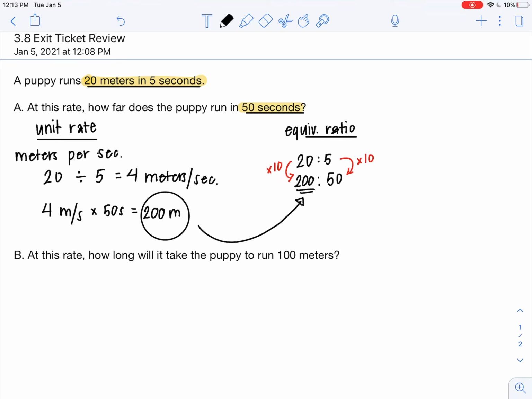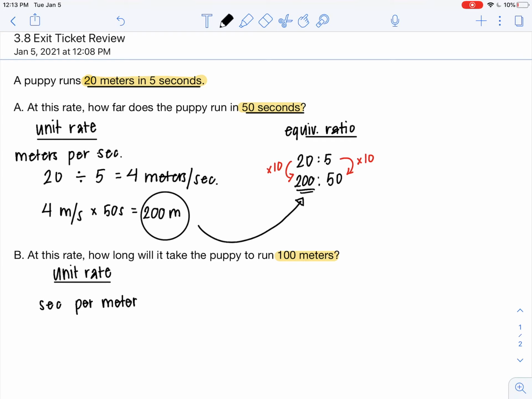Now, I'm going to do this in a very similar way for part B. It says, at this rate, how long will it take the puppy to run 100 meters? Now, I can use the unit rate strategy again, but this time I'm trying to figure out how long it will take the puppy to run 100 meters, which means I'm interested in how long it takes per meter, because I want to know how many seconds it takes to run 1 meter.